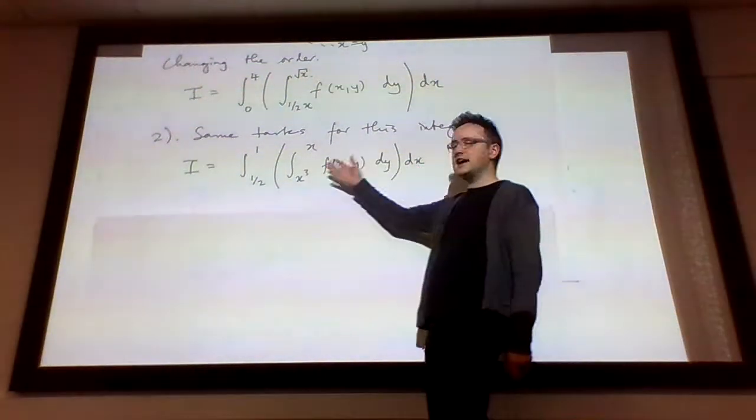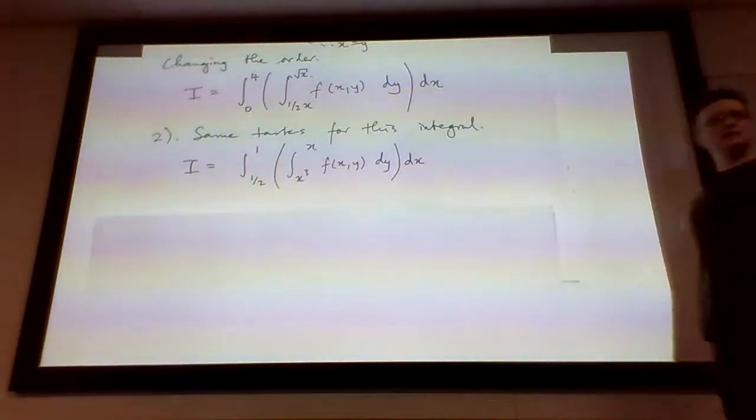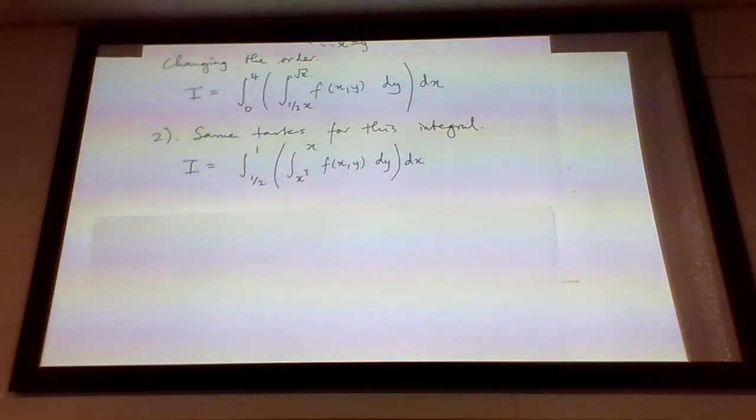We want to describe exactly what the region of integration is here, and then change the order around. Because depending on what the function f is, being able to reverse the order of integration can be useful. It can make the integrations possible to carry out.